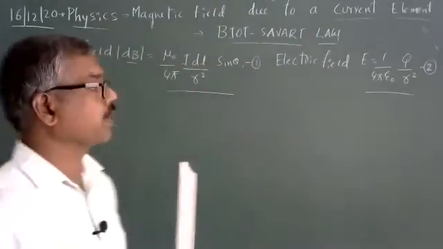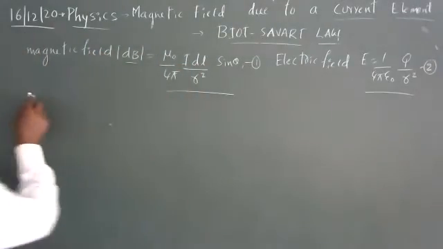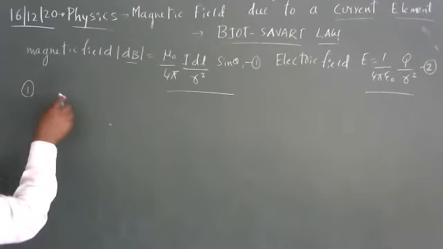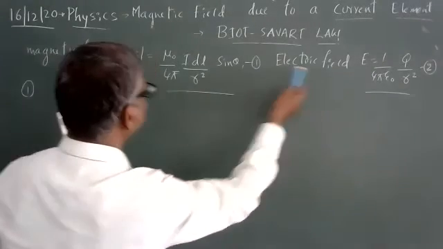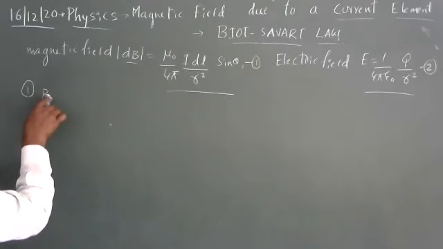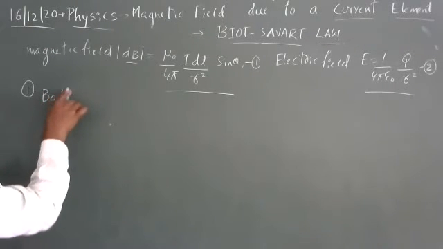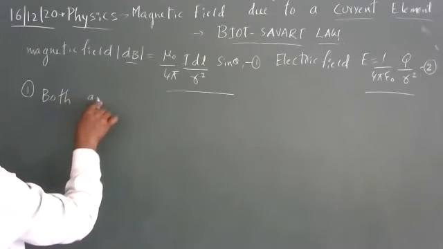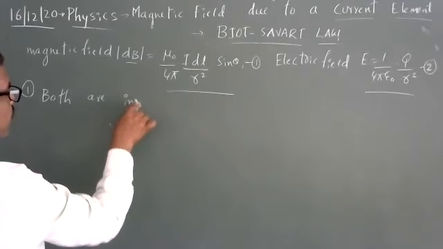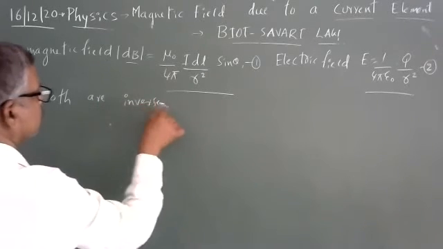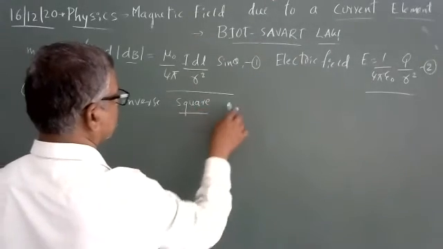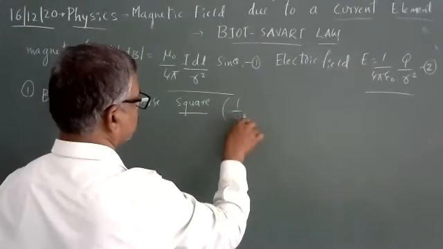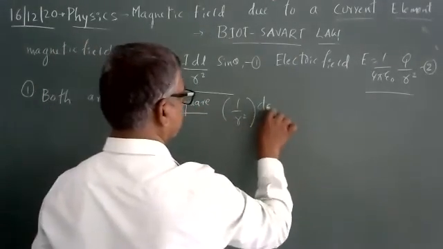The first similarity: magnetic field and electric field both have inverse square dependence, that is, 1 upon r square dependence.